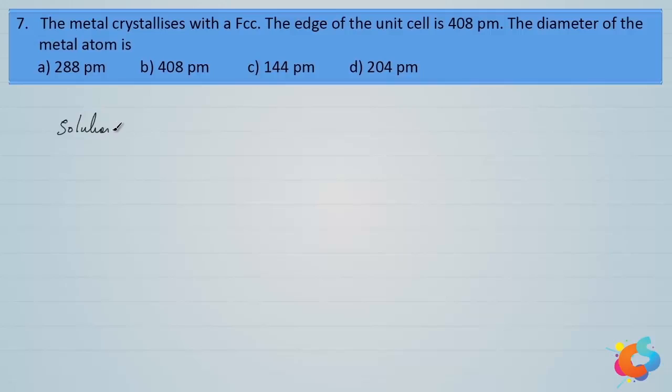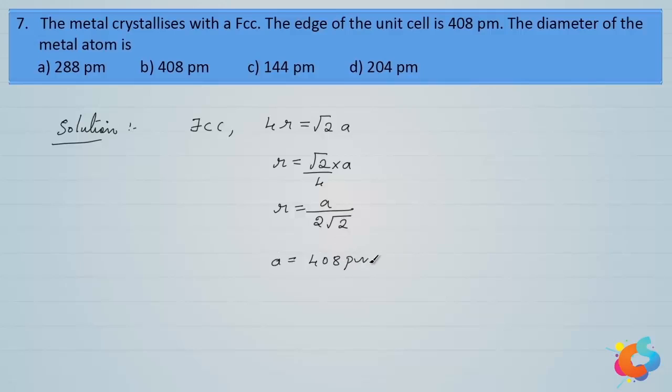The solution is, for FCC lattice, we know that 4R is equal to root 2 into A and R is equal to root 2 by 4 into A. We can also further simplify this equation as A divided by 2 root 2. From the question, we know that edge length A is equal to 408 picometer.